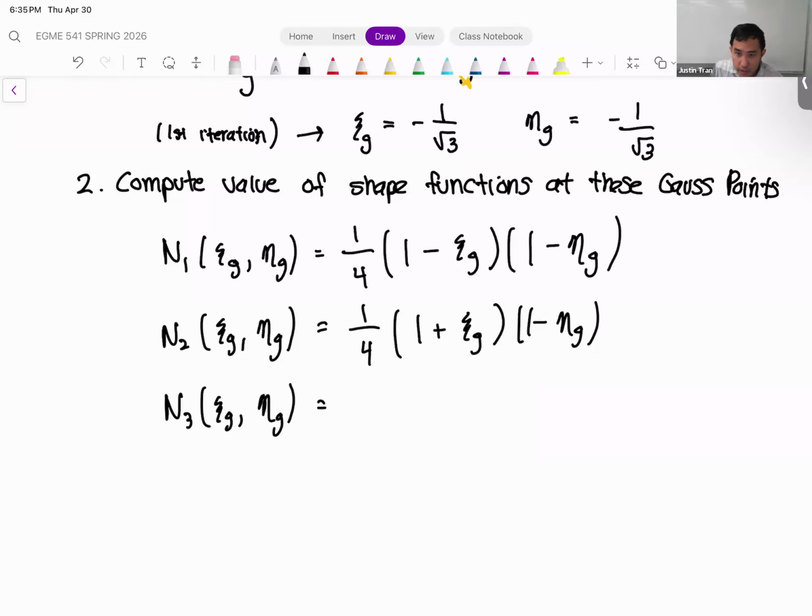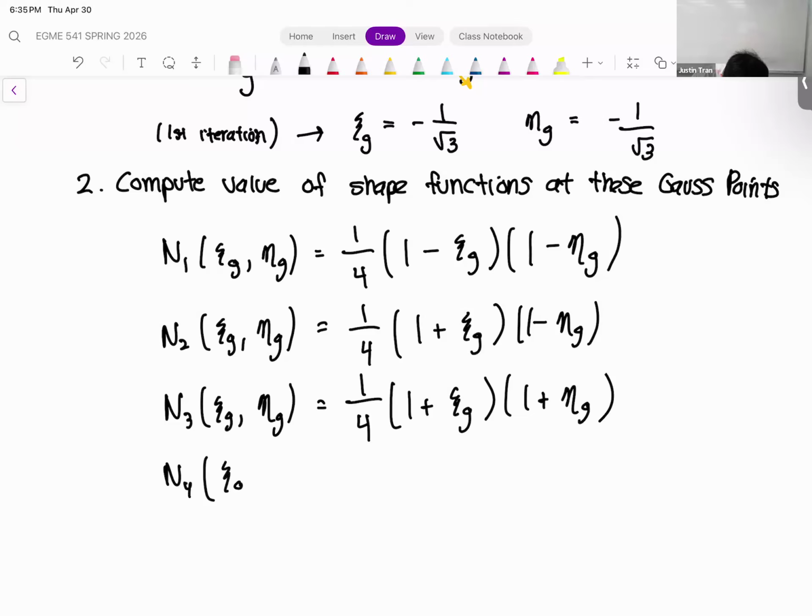And N3 of epsilon g, eta g is 1/4, (1 plus epsilon g), (1 plus eta g). And N4 of epsilon g, eta g is 1/4, (1 minus epsilon g), (1 plus eta g).